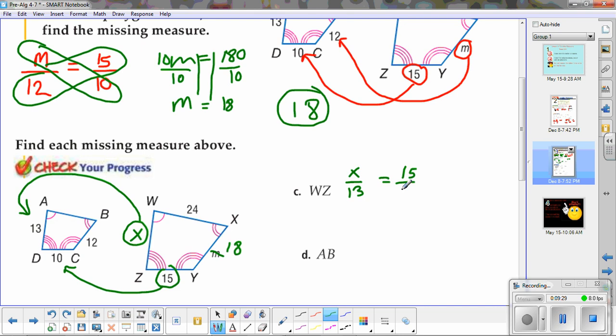Remember to make your arrows go in the same direction. Now to solve this proportion, X times 10 is 10X. And then 13 times 15 is 195. To solve this for X, you would divide both sides by 10. You get X equals 19.5.